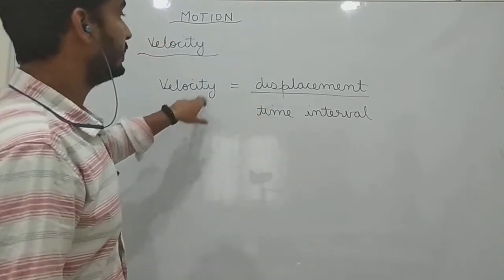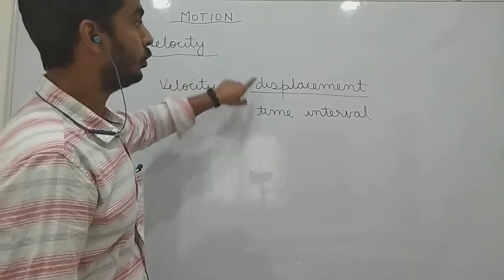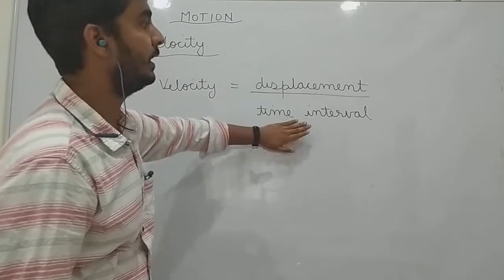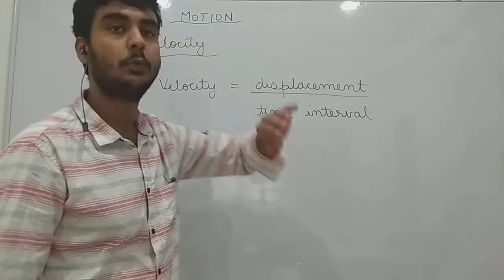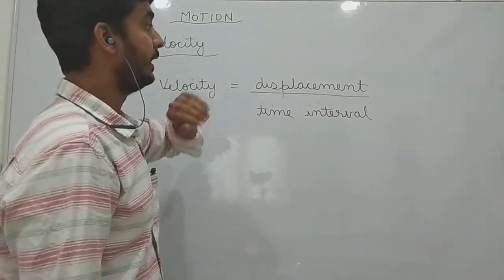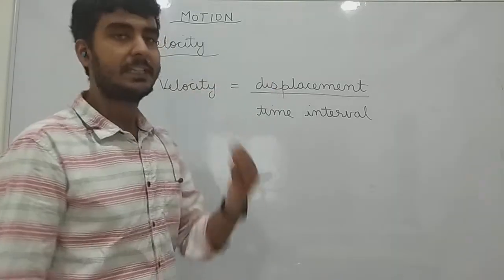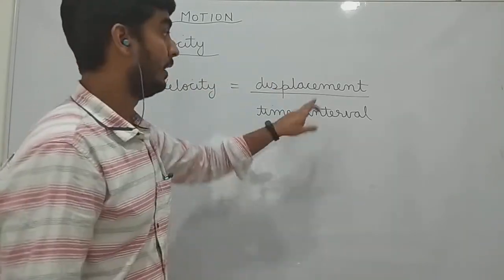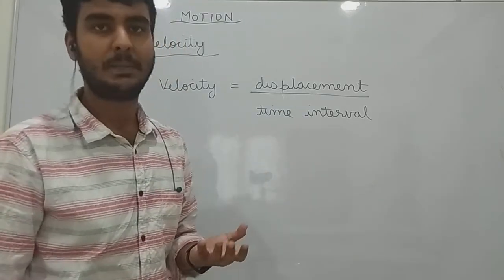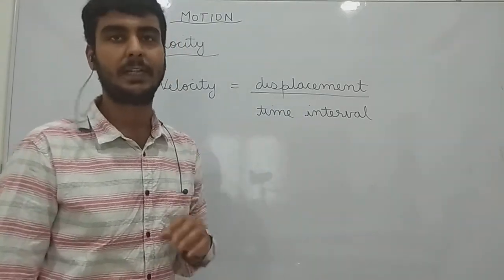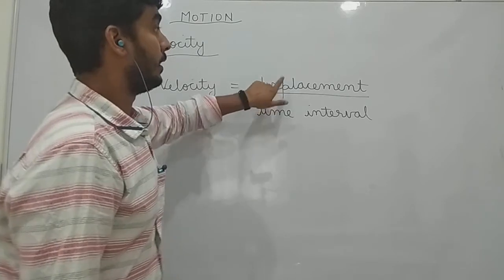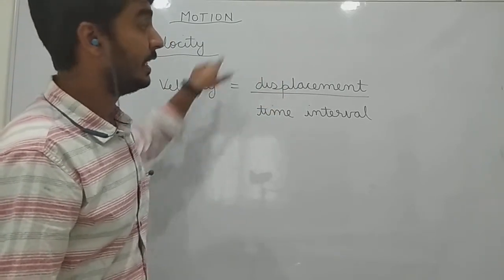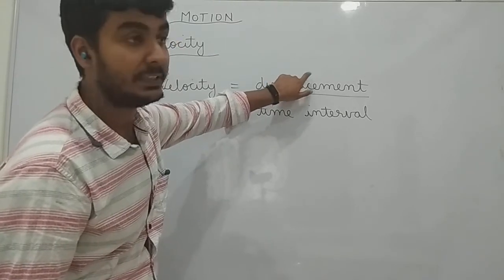As you can see in this formula, out of these two components required to calculate velocity, the displacement and the time interval, displacement can either be positive or negative depending on the direction. But the time interval will always be positive. Time can never be negative. So the sign of velocity will depend upon the sign of displacement.